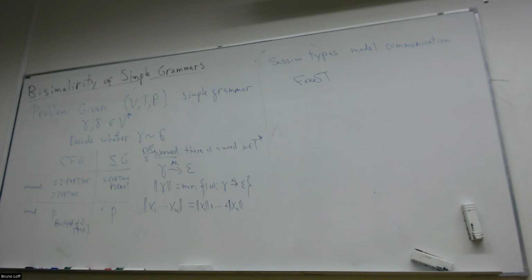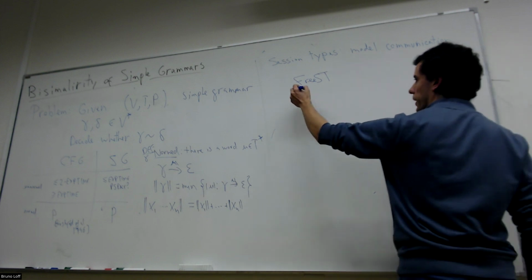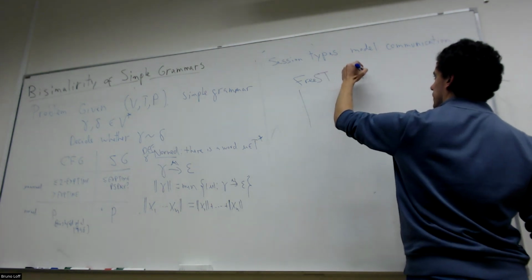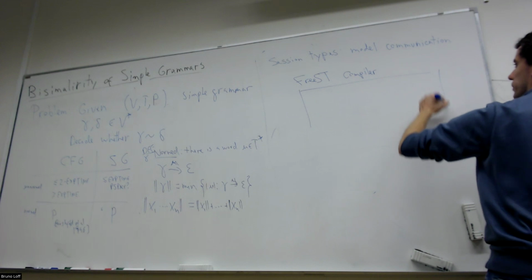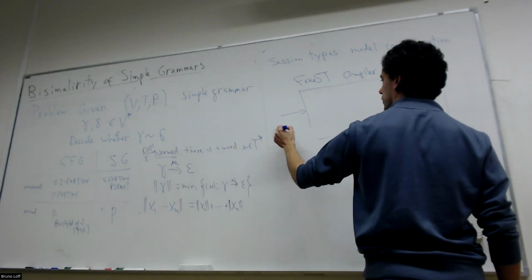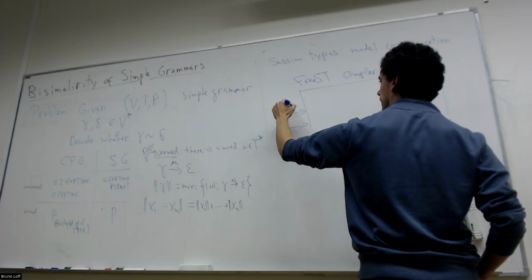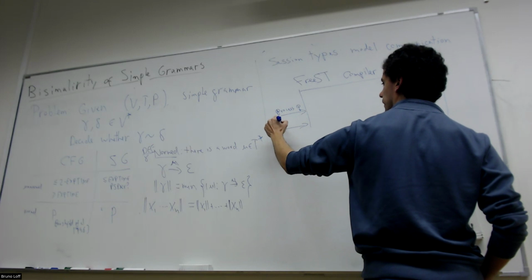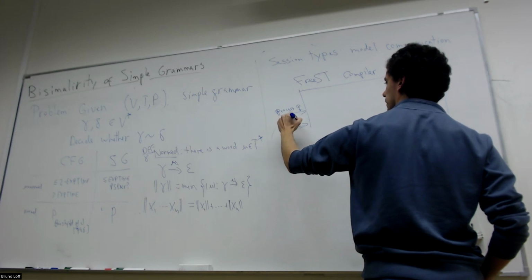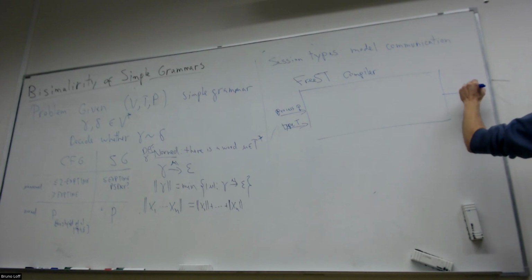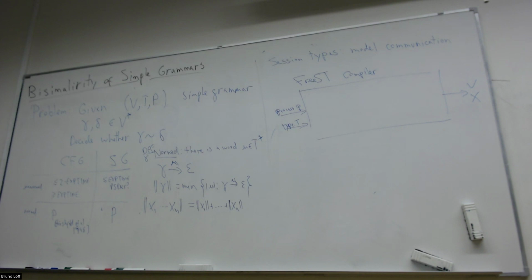So what is one of the things that you need to have in a programming language? You need to have a compiler. Let's say this is the Freest compiler, a procedure that, roughly speaking, you give it a process, think of a process as a program P, and a session type, and it will assert whether this process adheres to the session type, whether it is correctly type checked.